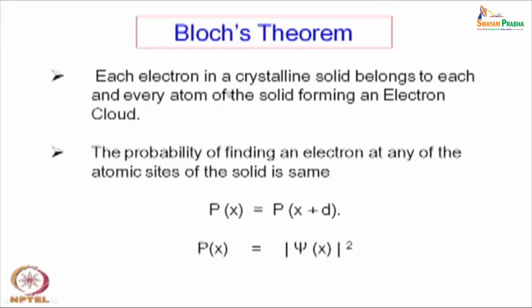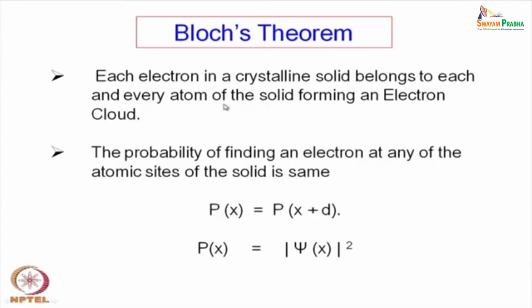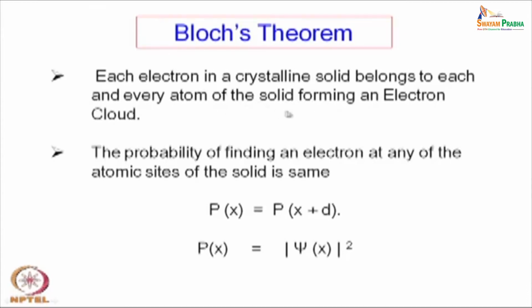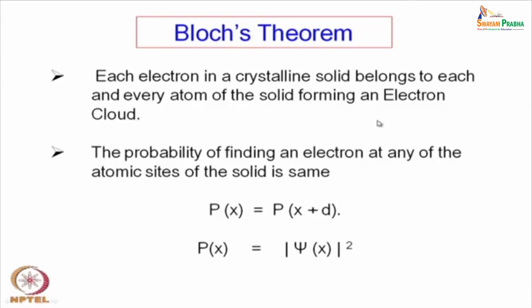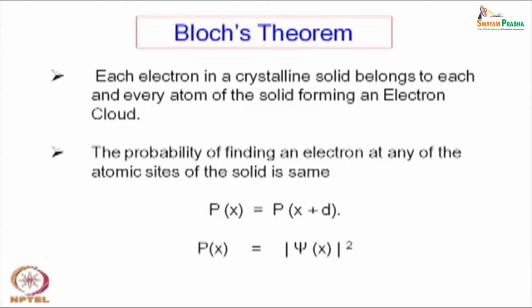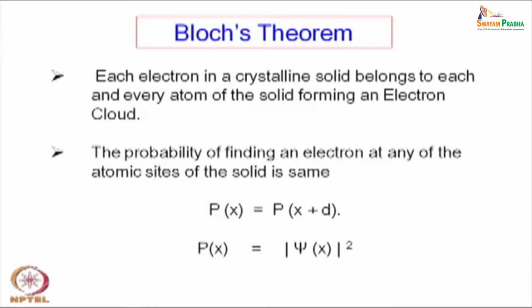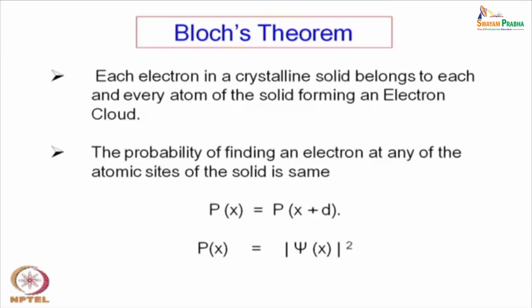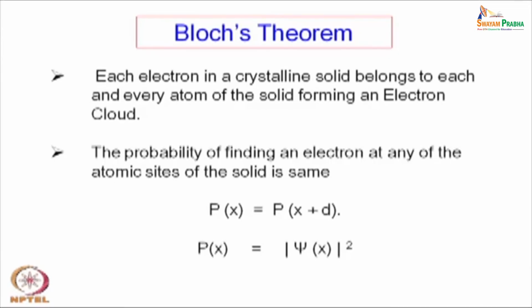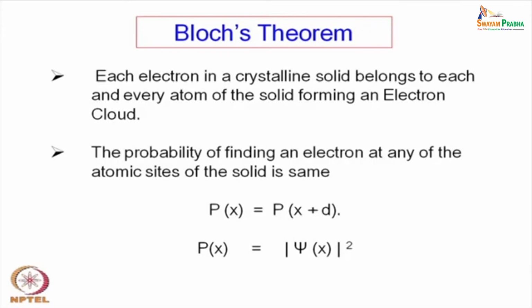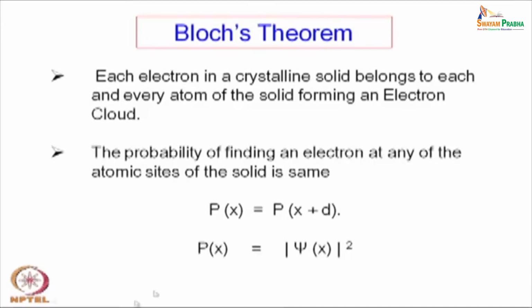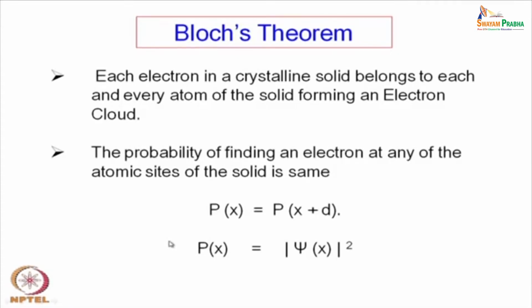Each electron in a crystalline solid belongs to each and every atom of the solid, forming an electron cloud. That means the electrons are actually not specific to any particular lattice sites, although there is some kind of probability function, because we have a periodicity and near the lattice sites the potential is less.